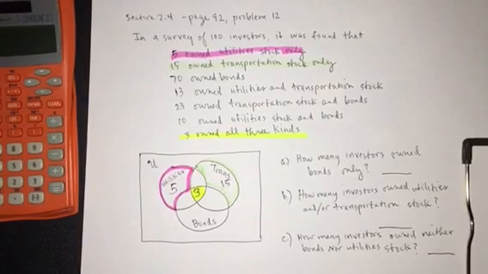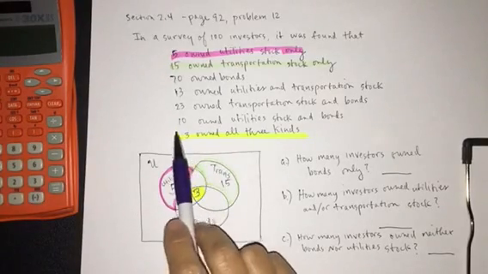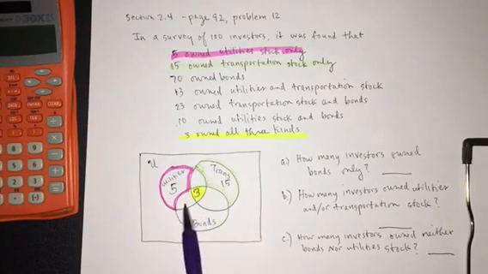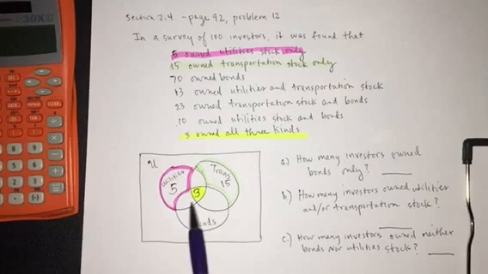From there, 10 people owned utilities, stock, and bonds. So the portion for utilities and bonds is this little part. Well, it includes the 3 who owned all 3 because they owned utilities and bonds.